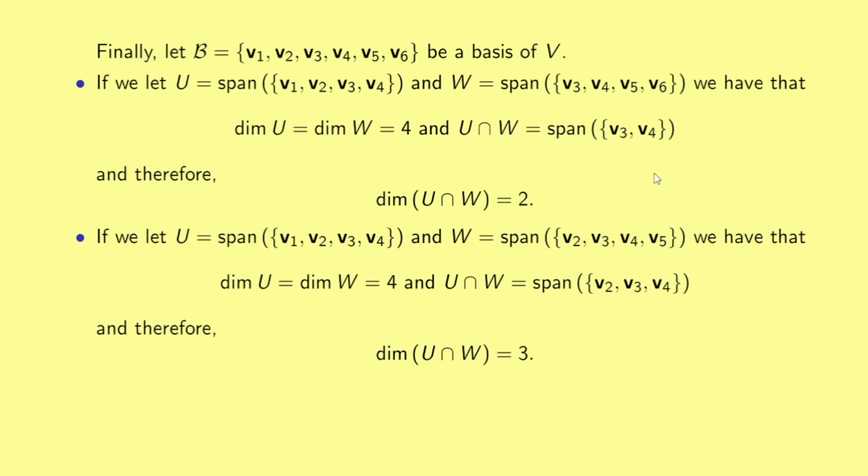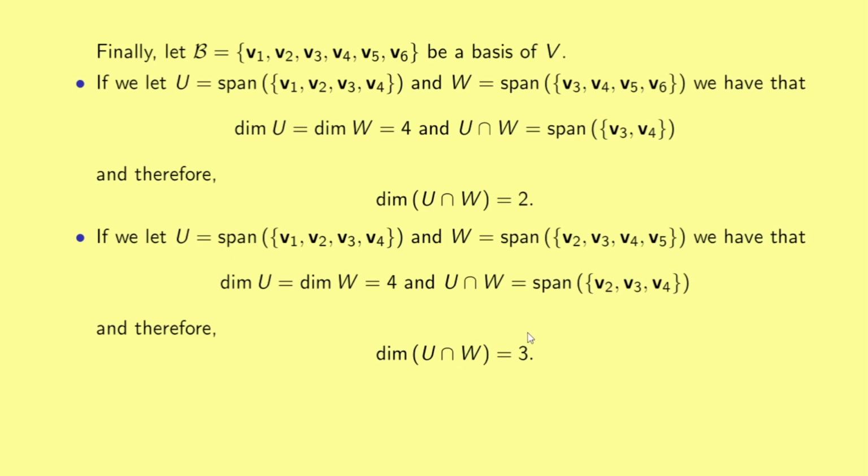Now let's see that 3 is also a possible case. Again, we take U as before, the span of all the vectors from V1 to V4, and now we take W as the span of the vectors from V2 until V5. Again, the dimension of U equals the dimension of W, which is 4, because these vectors are all linearly independent.